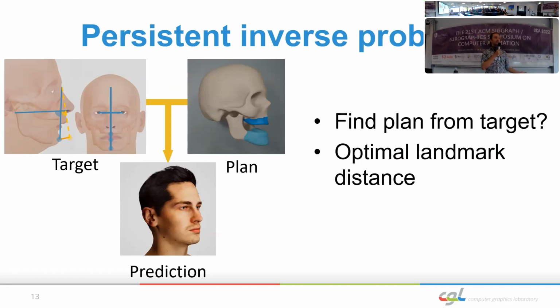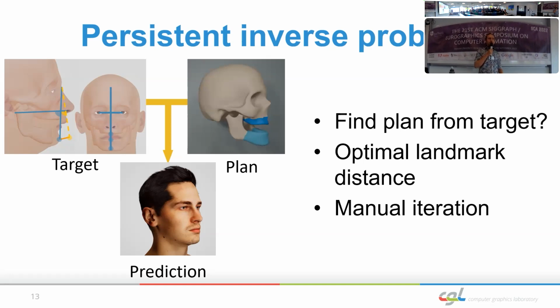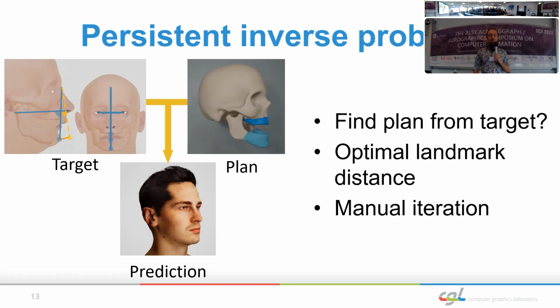And if we want to refine the treatment plan, we have to use manual iteration, a sort of open loop surgeon in the loop control, and surgeons don't like to spend a lot of time doing this. So they will usually do 1 or 2 iterations and then call it a day. And our method proposes to address this.